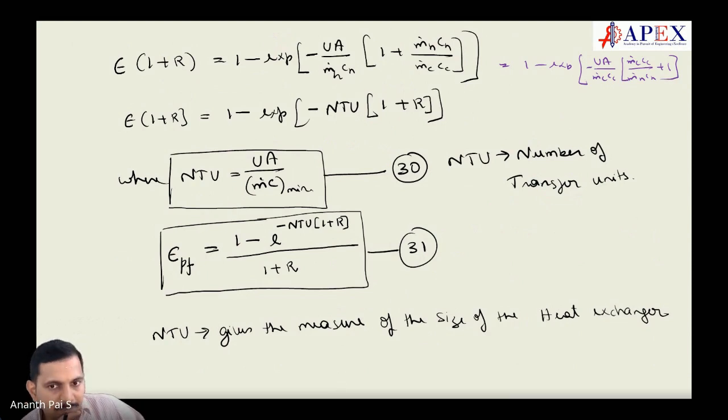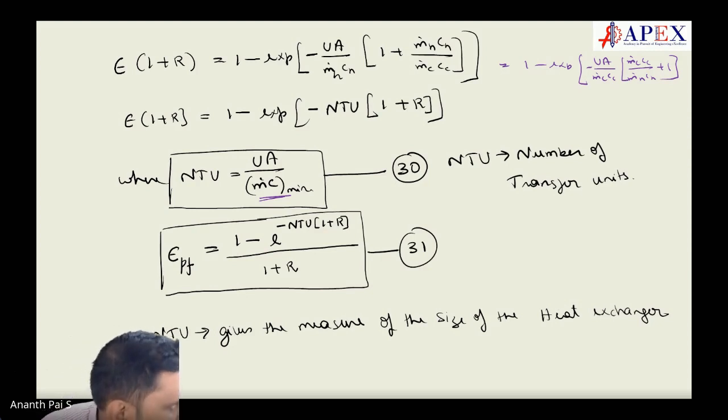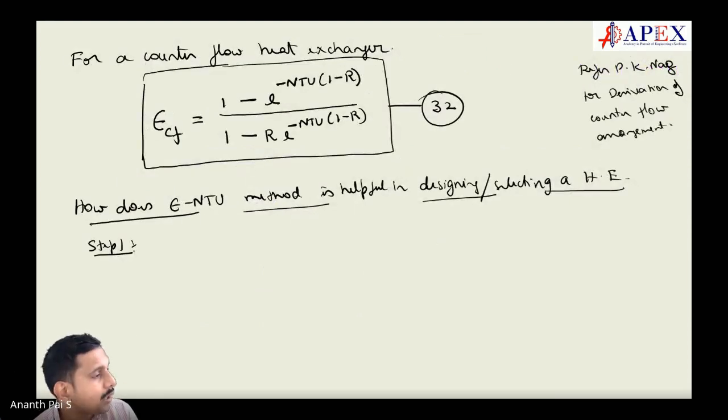Convinced, Agachya? Yes, sir. So it would remain the same. That's why C minimum is important, m dot C minimum. It is not H or C, whatever the minimum is. Clear? No doubts. A similar thing would happen with counter flow.